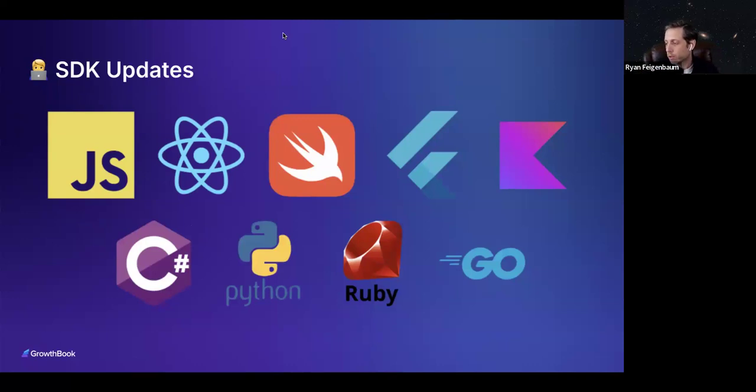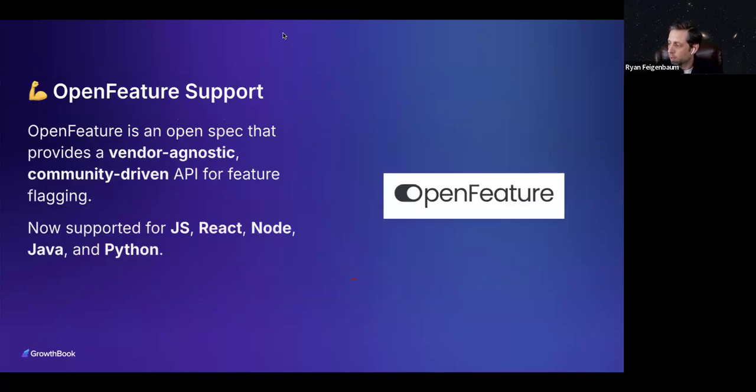A shout out to our SDK engineer, Madhu, who's been bringing all of our SDKs to a really high level. So if you've been waiting for SDK support for some different features, you can take a look at that. Part and parcel of this update is enhanced support for OpenFeature.